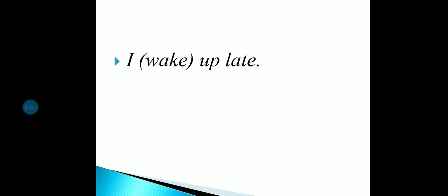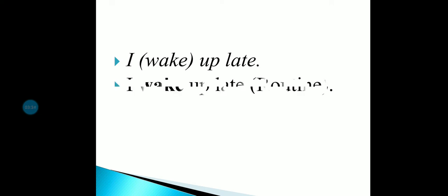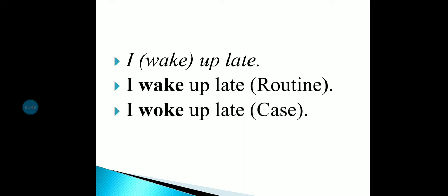If this is something that you do on a regular basis, it happens regularly, it's a routine, it's a habit, it's a hobby too, you put it in present tense, saying, I wake up late. If it is not something that you do on a regular basis, it doesn't happen all the time, it is not a routine, it is not a habit, it is just a case, then you put it in past tense, saying, I woke up late.